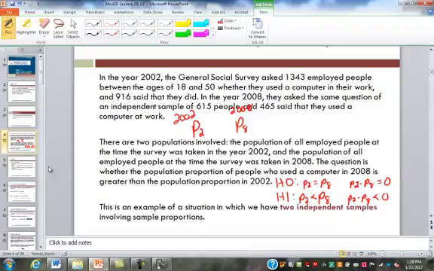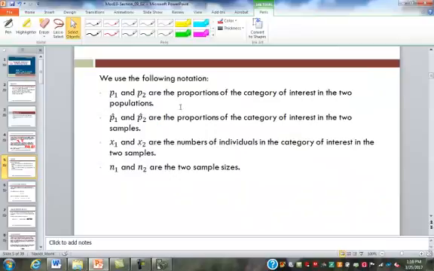Now we do have to test our other qualifications as well. So they're going to use P1 and P2. P1 is going to represent 2002, P2 2008. P hat 1 and P hat 2 are the sample proportions. X1 and X2 are the number of individuals that answered yes in each sample. And N1 and N2 are the two sample sizes.